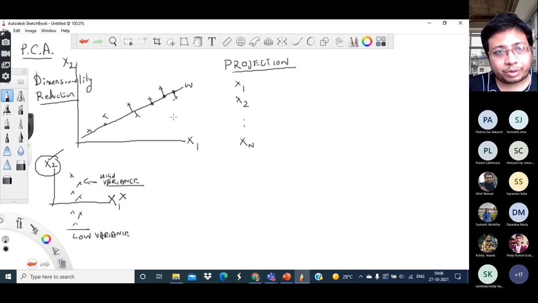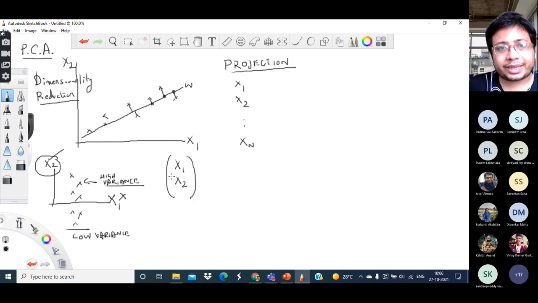Instead of the data being defined in the space defined by x1 and x2, we are now doing a change of basis.